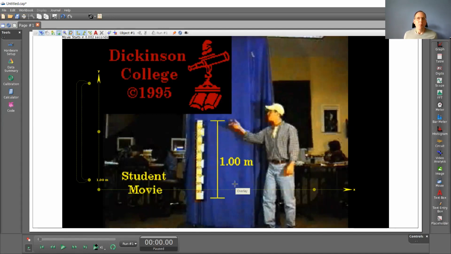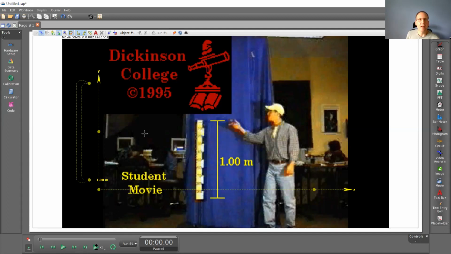But first, we need to let the computer know what a known distance is so that it can convert from units of pixels, because the movie will be measured in pixels, to real world units of meters, because ultimately we want everything to be in meters.